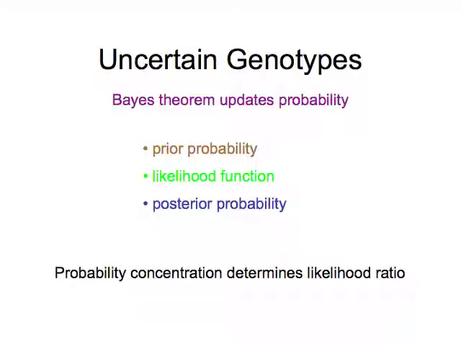So we see that with mixture data, which is uncertain, with alleles placed in various places, and often having more than 2 alleles, we infer uncertain genotypes from such uncertain data. And our mechanism is using Bayes' theorem to update our probability.